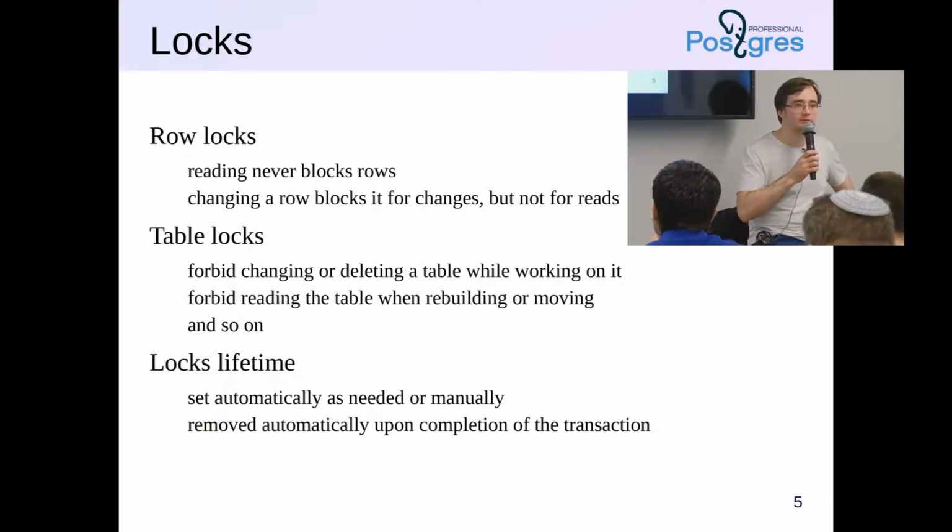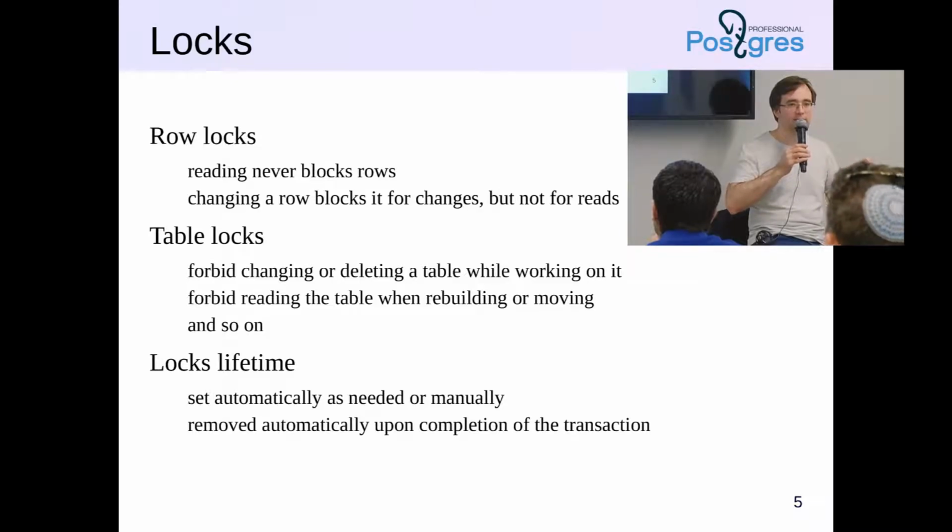What benefits does multi-version concurrency control give us? We can deal with an absolute minimum of locking. One transaction can block another transaction in just one case, when both transactions are trying to change the same row.